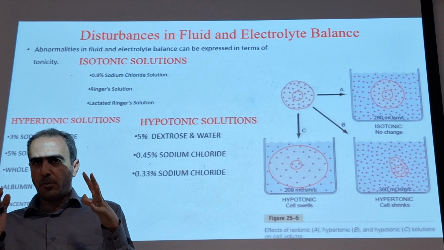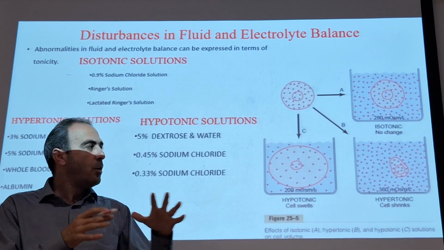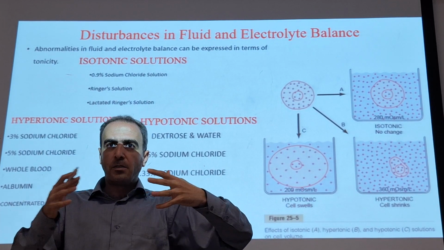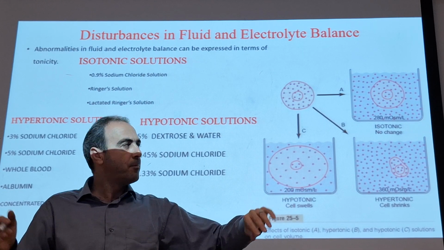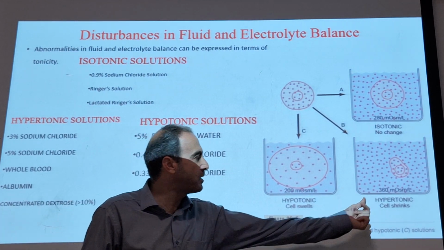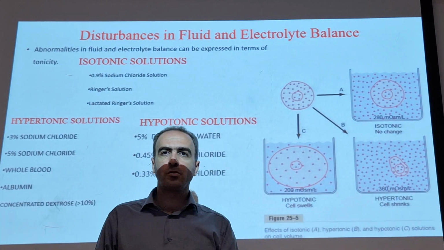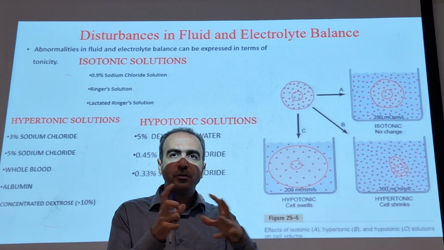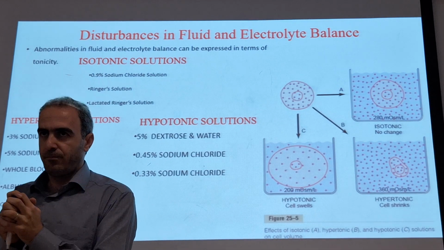Because it's hypotonic, it leads to swelling of the cell. And in contrast, a hypertonic solution, for example 630 osmolality, leads to shrinking of the cell.